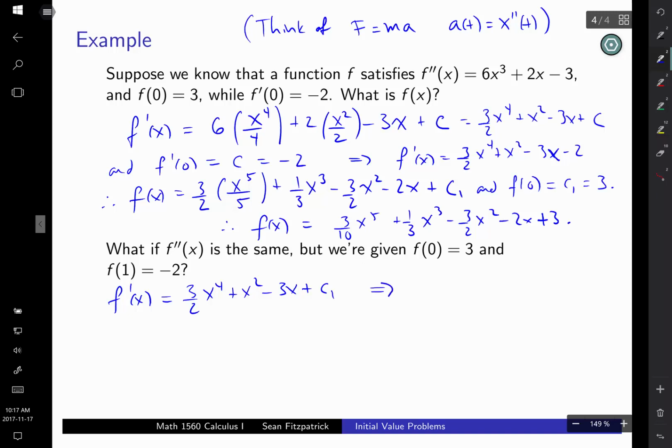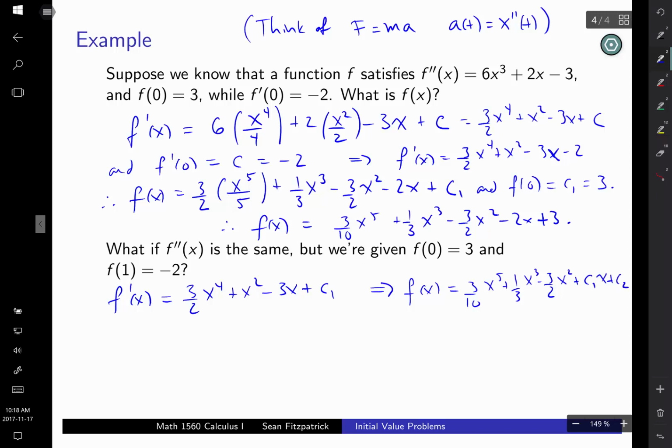I don't have any information yet that could let me recover c1. So I do the antiderivative again, and I get my 3 over 10 x to the 5 plus 1/3 x cubed minus 3 halves x squared. And now for c1, all I can do here is say c1 x, and then I get another constant, say c2.